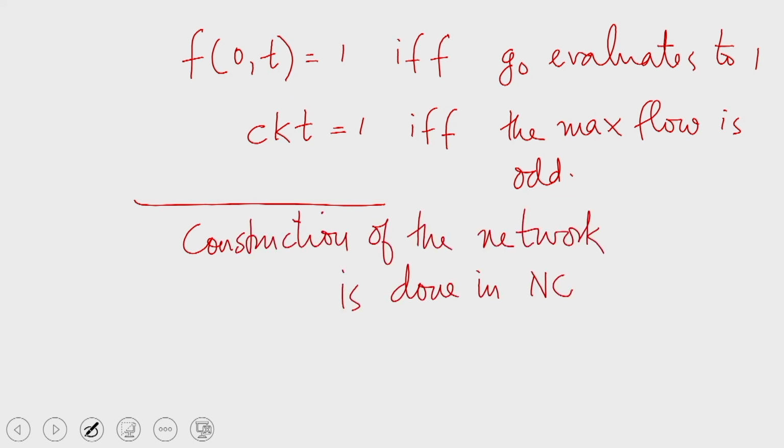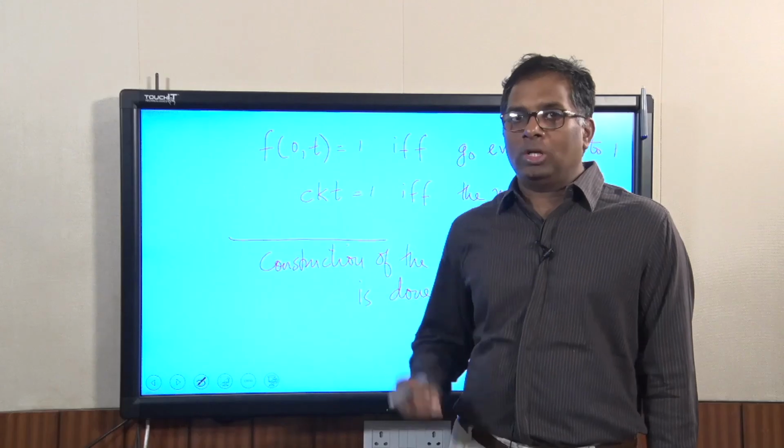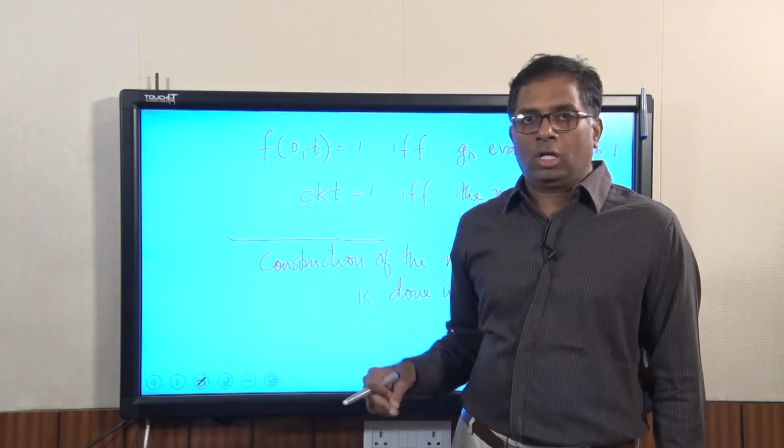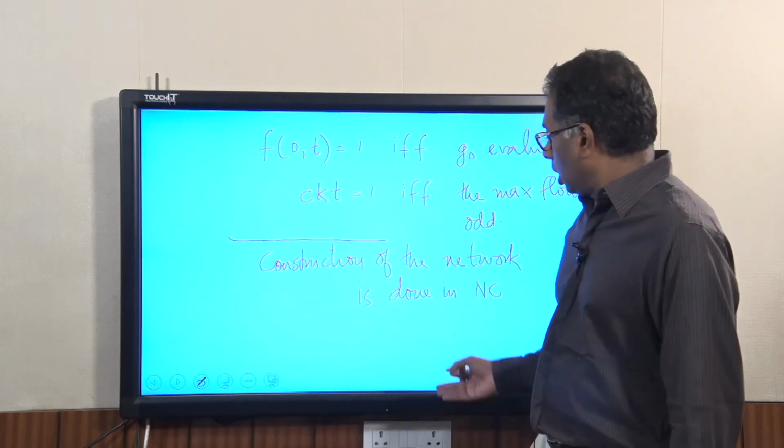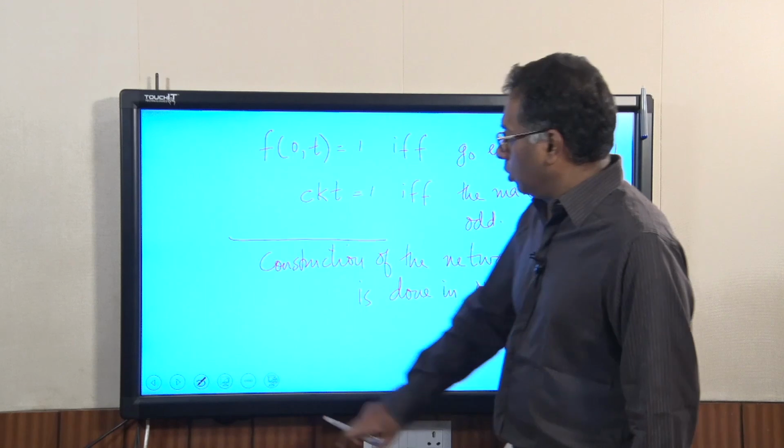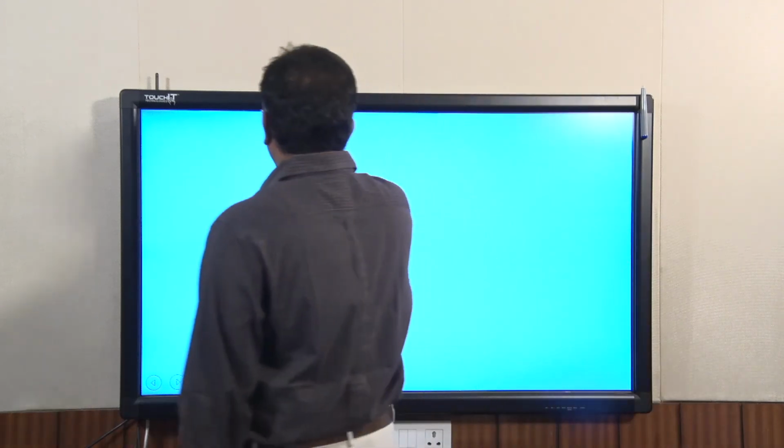That is because to construct the network, all that we have to do is to take the circuit, create one vertex for every single gate, create the new vertices s and t, and then connect up and define the capacities. This can all be done in NC. Therefore, putting it all together, now we have shown that the max flow problem is P-complete for NC reductions.